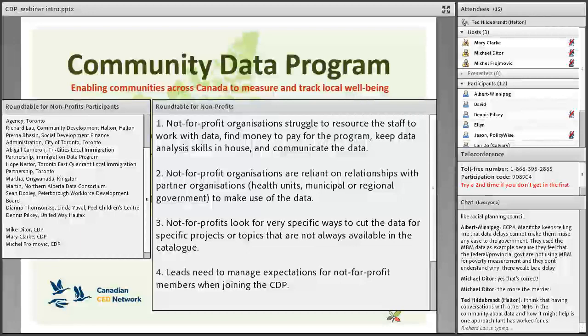Okay, yeah, I think sometimes agencies are unsure of how data could fulfill their mission and mandate.